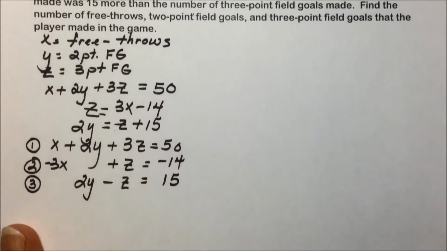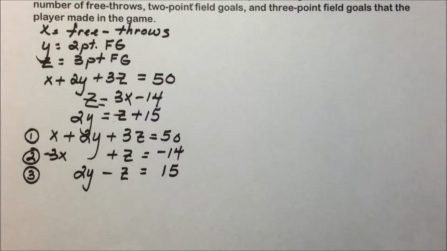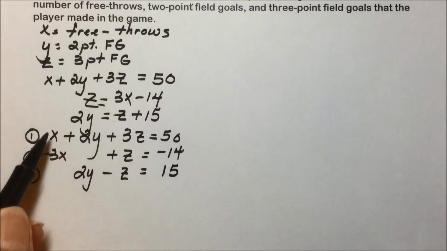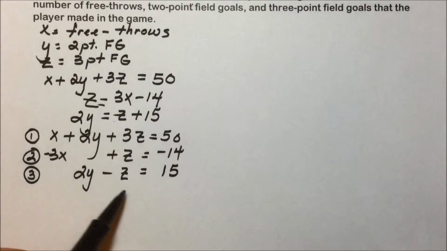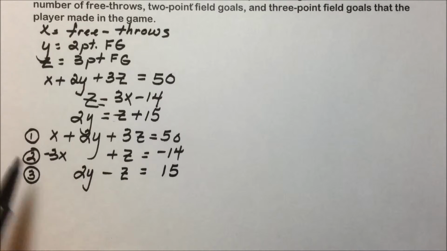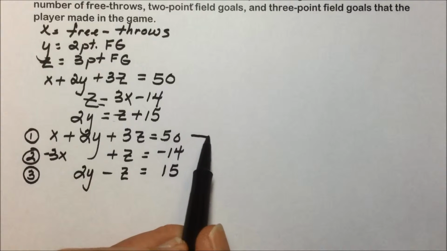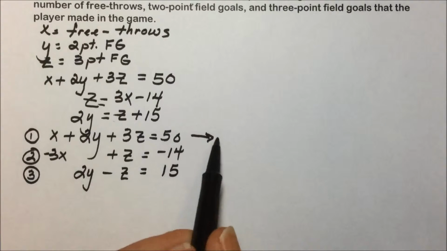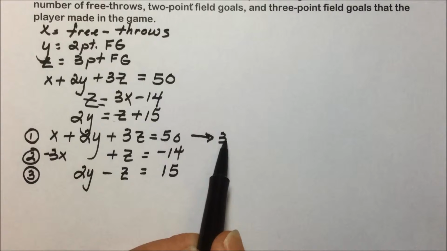Now we're going to take a look at what we can do to eliminate these variables. And the first goal, to get this triangular elimination method, I want to get rid of this 3X. So I'm going to multiply everything in this first equation by 3.